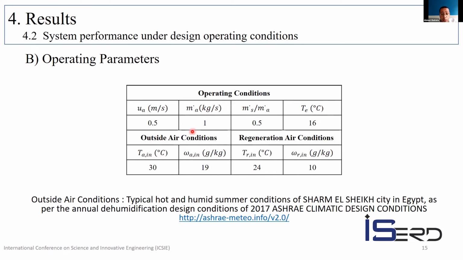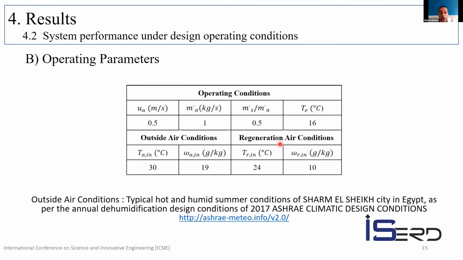For this study, we have taken the typical hot and humid summer condition of Sharm el-Sheikh city in Egypt, as per the annual dehumidification design condition of ASHRAE. And for regeneration air, it is room temperature. So we will take the regeneration air from the room, the exhaust of the room, to regenerate the system.